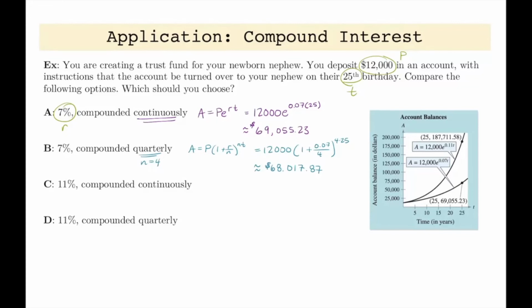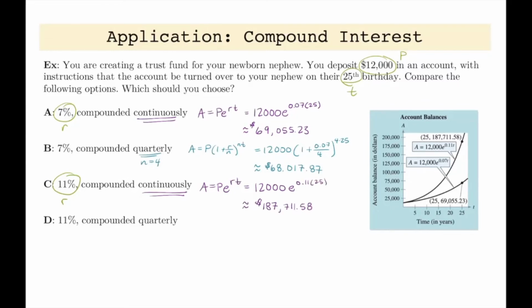Okay, so you might be guessing then that C is probably going to be our winner here, because a larger interest rate would be even better. But let's calculate that. So here, this is continuous again, so we're going to be using our PERT formula, but now instead of 0.07, as in option A, we're going to have 0.11. And that'll still be times 25 years.